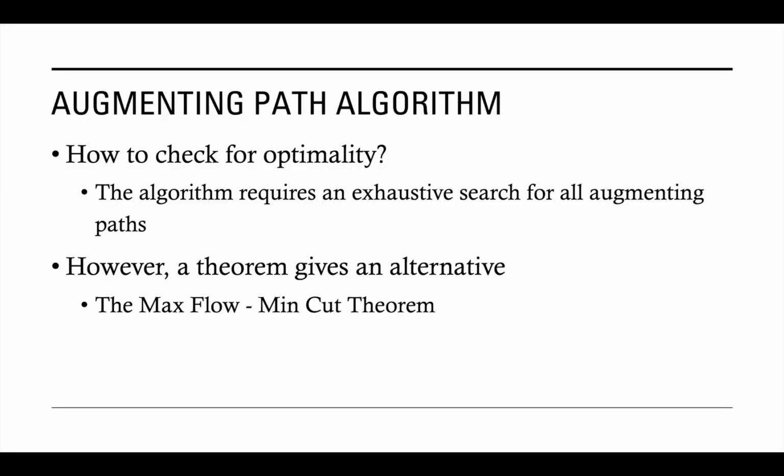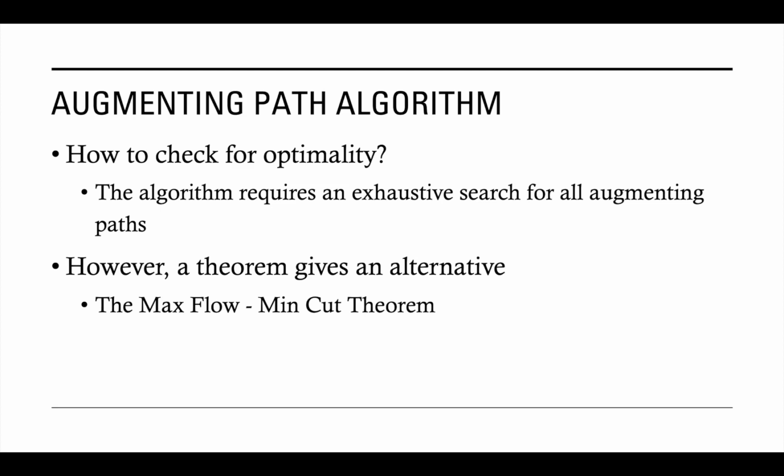So how do we check for optimality in the augmenting path algorithm? The algorithm requires us to exhaust all the augmenting paths available in the network graph. It's a good thing that the example is a very small example. It just contains very few nodes and arcs.